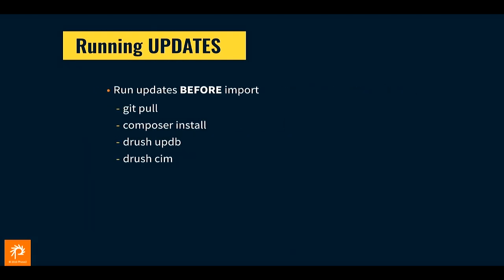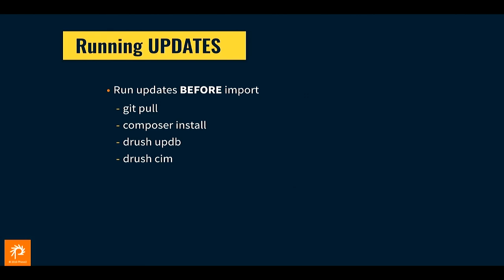Okay, what about updates? So sometimes you update modules and they change your config schema. And so there's the common question of, do I run updates first or do I do a config import first? And so here's the proper steps. You do a git pull. Now, when you do a git pull, you might have a new composer lock file, like somebody might have updated a module version.